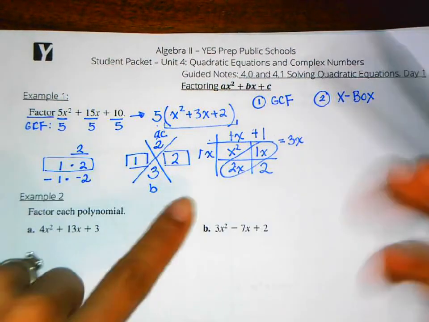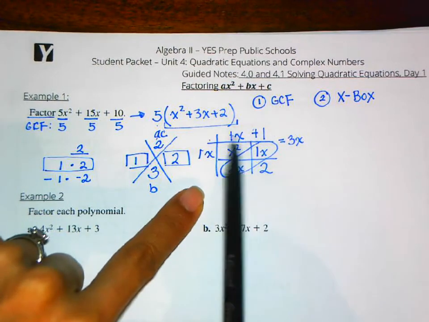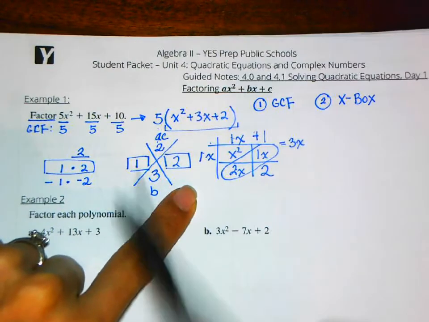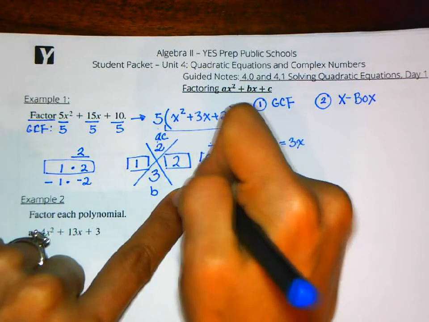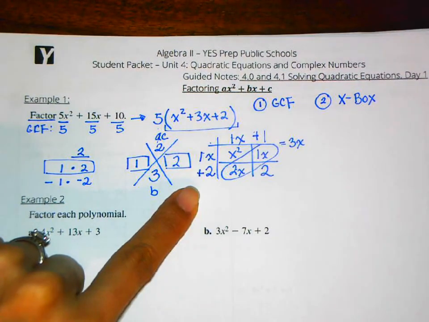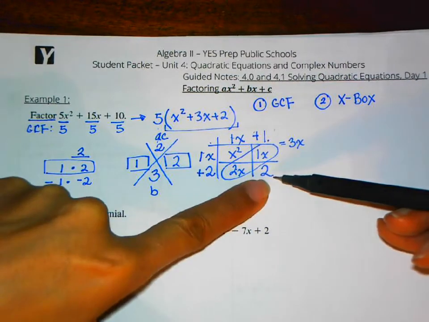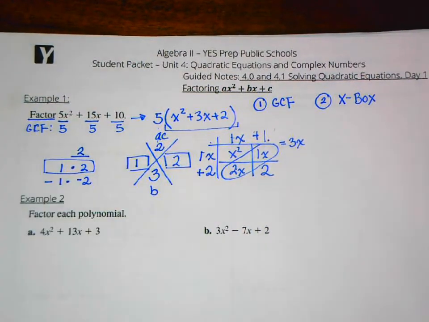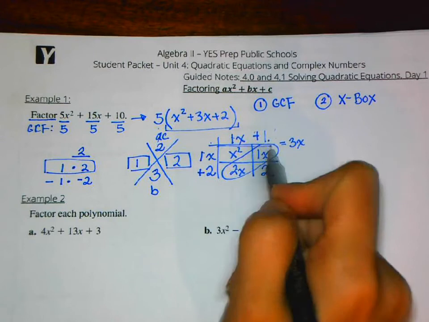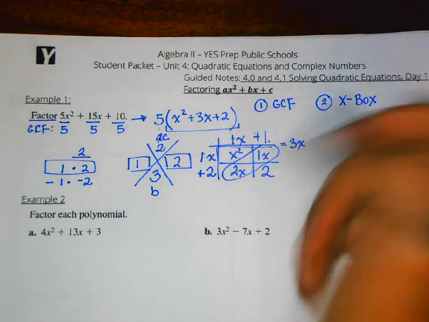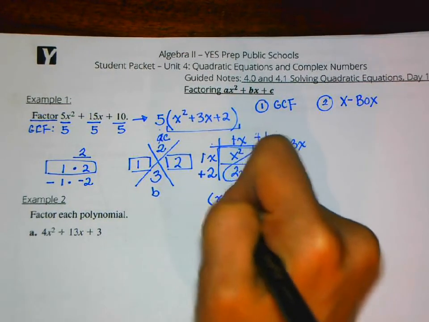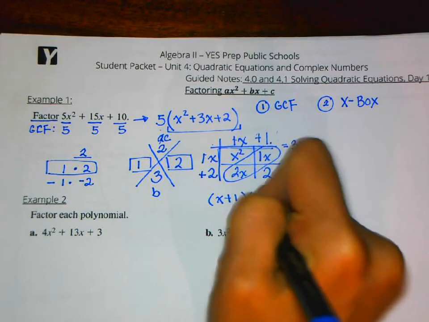Do the same thing. Uncover the bottom 2. 1x times what equals 2x? That's going to give me positive 2. And just to double check, 1 times 2 is going to give me positive 2. Now I have found the length and the width of this box, which is x plus 1 times x plus 2.